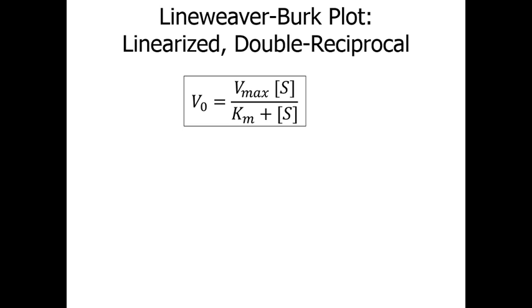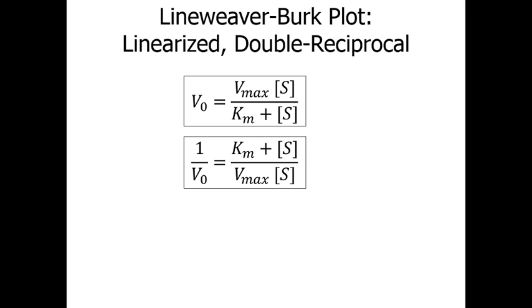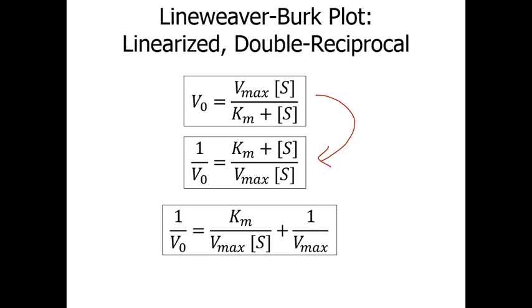The Michaelis Menten equation can also be rearranged in such a way that you take a reciprocal of this equation, as shown here. If you take the reciprocal, it is 1 by V0. Now, you can rearrange this equation again and obtain 1 over V0 is equal to Km divided by Vmax times 1 over S plus 1 over Vmax.